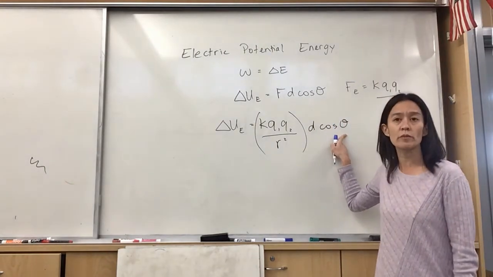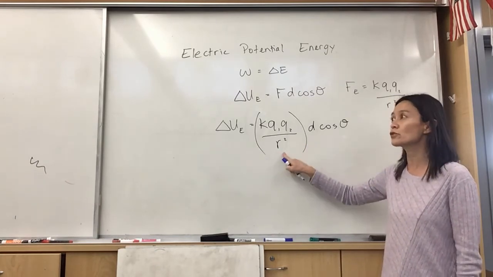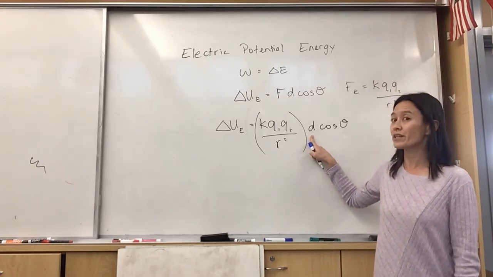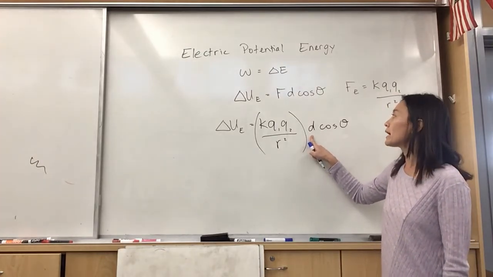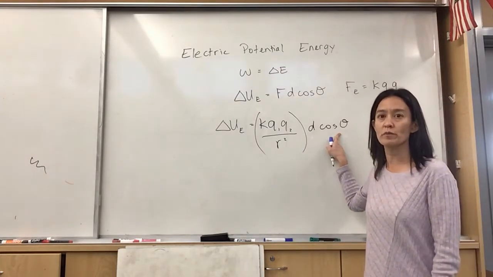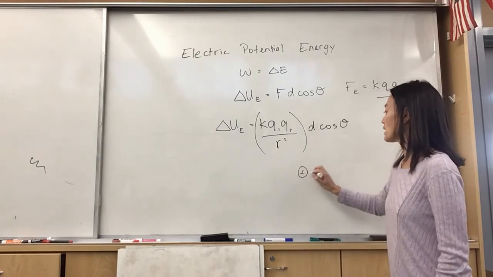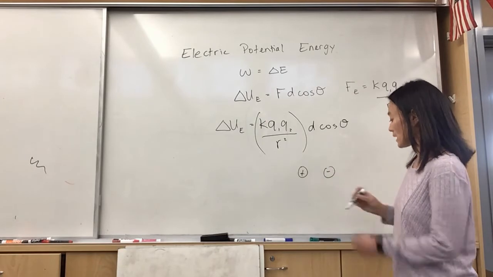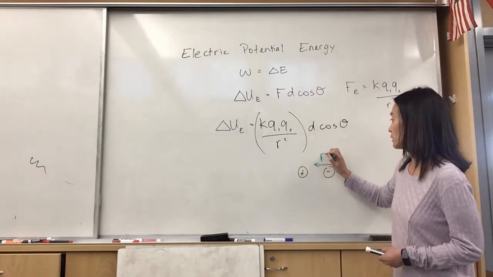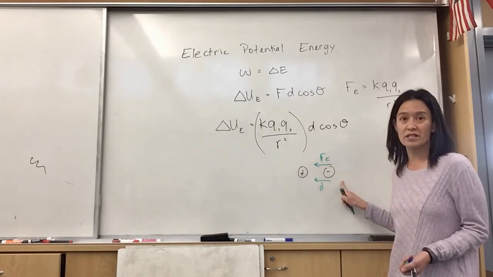Now, the cosine of theta term is looking at what this force is doing. Is this force in the same direction as the distance the object is moving, or in the opposite direction? If we think about this cosine theta term, it's always going to be 1. If I have two charged objects, a positive and a negative, and the force is an attraction force, then my object is going to move that distance, and the angle between the force and the distance is 0.